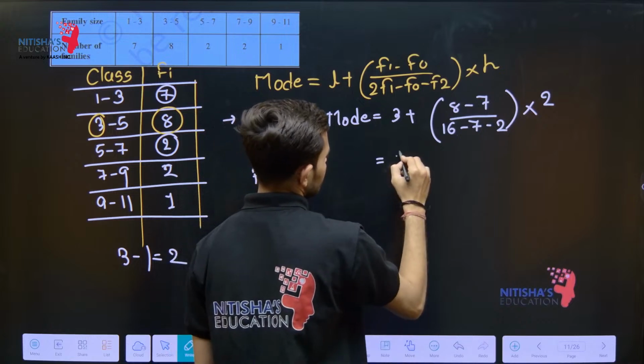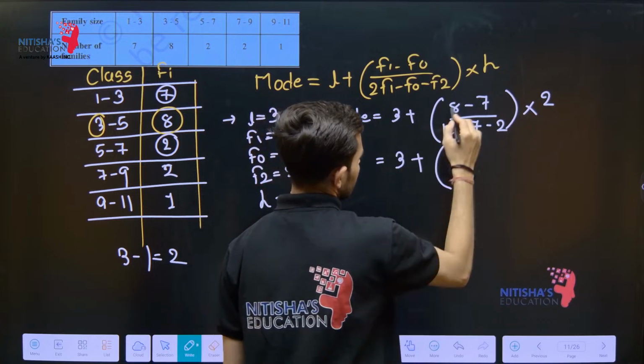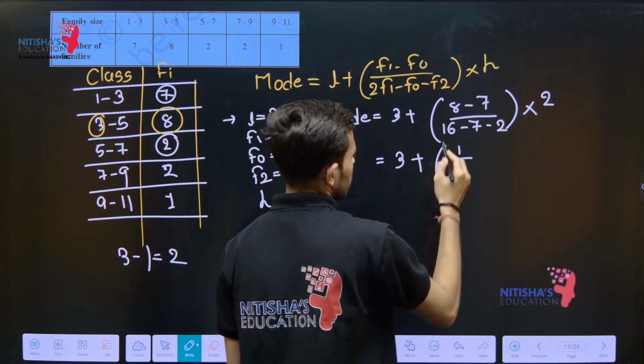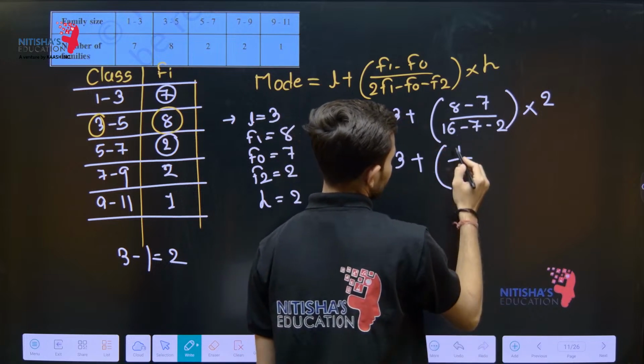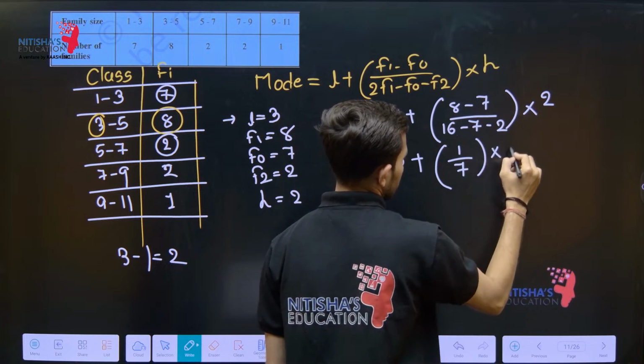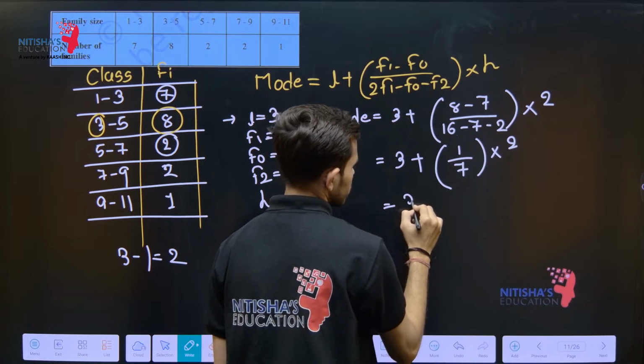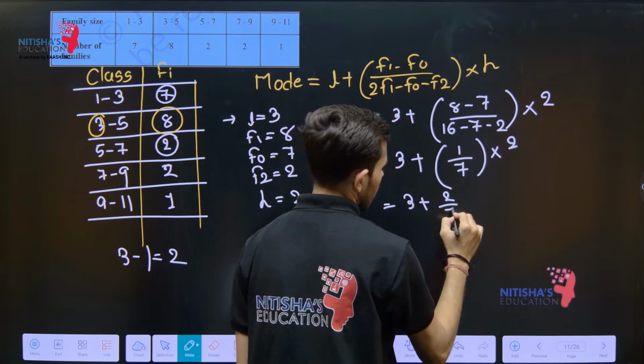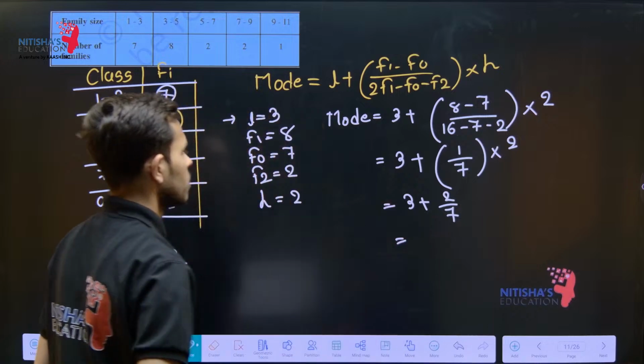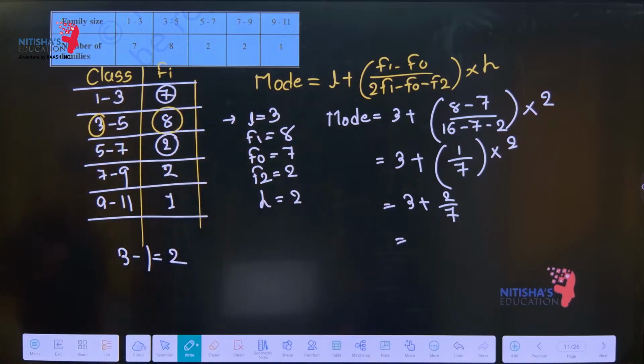So let's simplify this. 3 plus 8 minus 7 is 1, 16 minus 2 is 14, 14 minus 7 is 7, into 2. So it's 3 plus 2 upon 7.